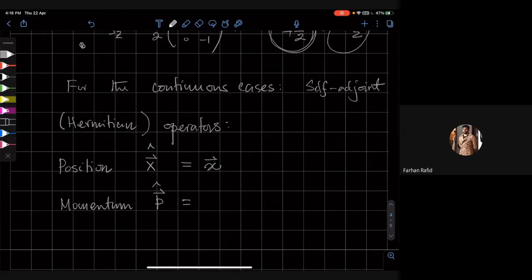So the momentum operator is given by minus i h bar, the gradient operator. So if you are working in a one-dimensional system, then this becomes just the number x, and this P becomes minus i h bar d by dx.